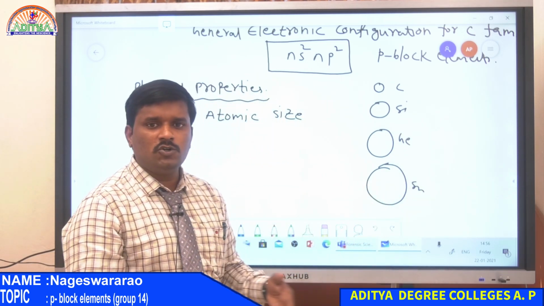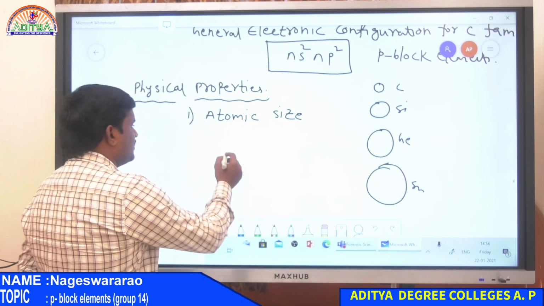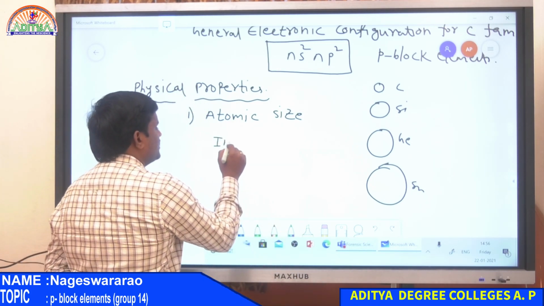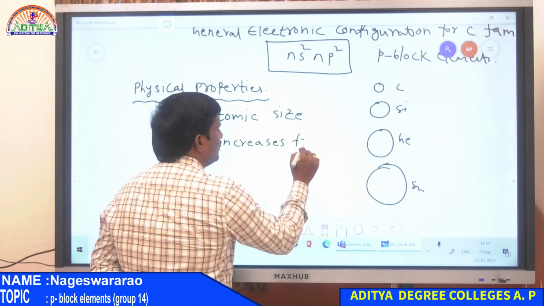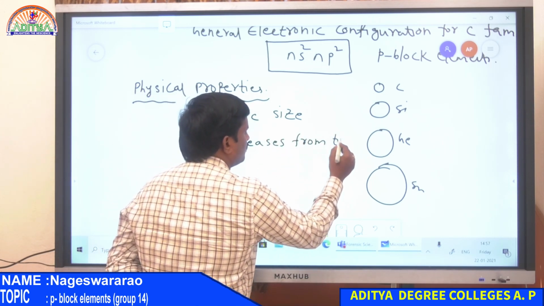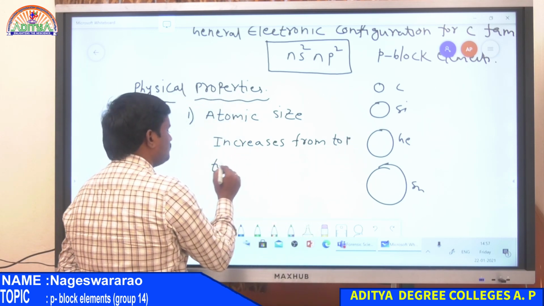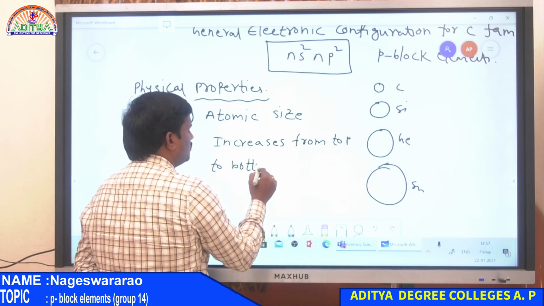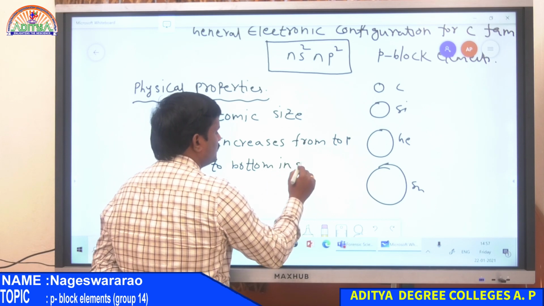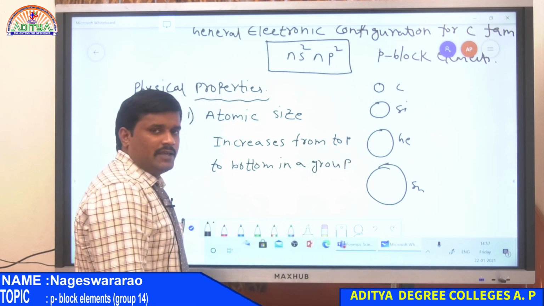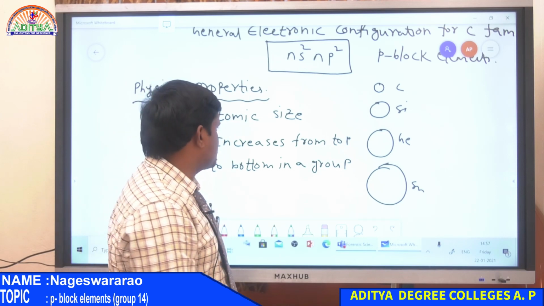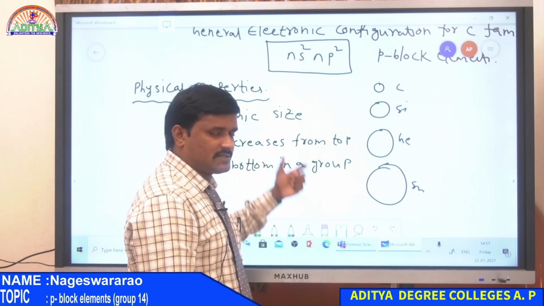Therefore, from top to bottom in a group, atomic size always increases. Carbon is small in size and lead is large. So this is the first property, atomic size.